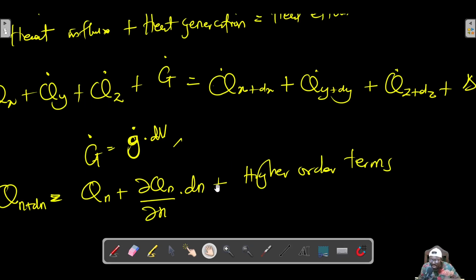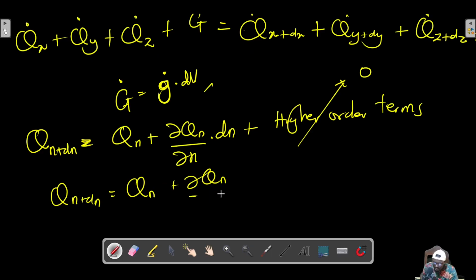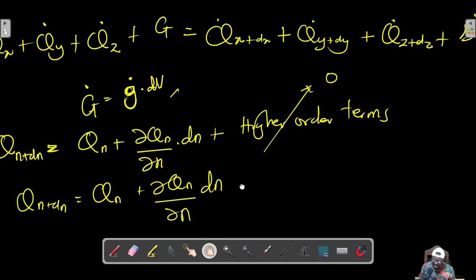So the higher order terms will all approach 0, and I can say this goes to 0. Then from Taylor series, for my infinitesimal control volume I've selected, my Taylor series is basically this.